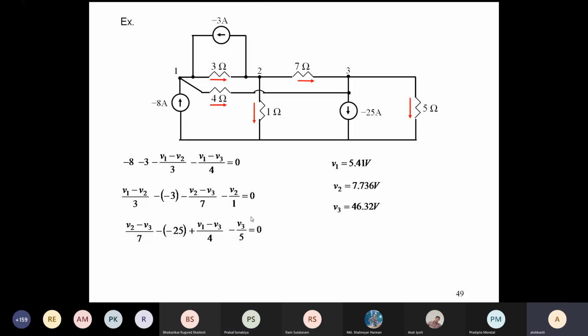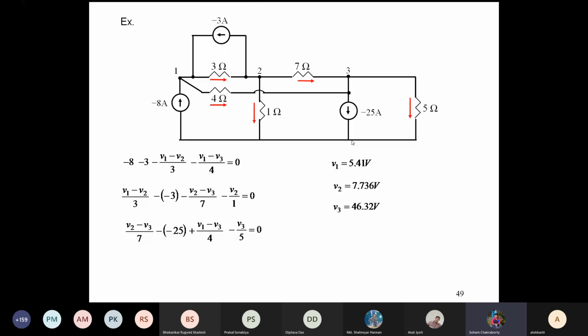Sir, in this circuit, what are you taking as reference? I have taken the reference at the ground level, the lowest line. If you combine them, it becomes actually one node, one point, all at the same potential. Sir, if there are more nodes, they will mention the reference, right?